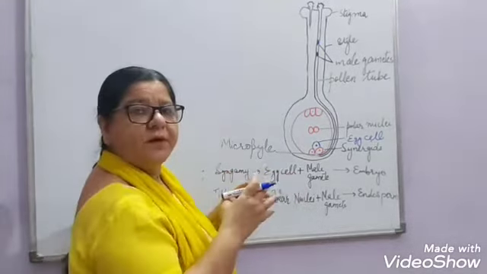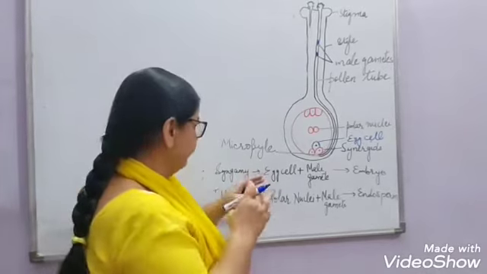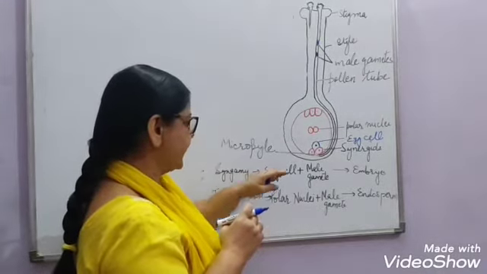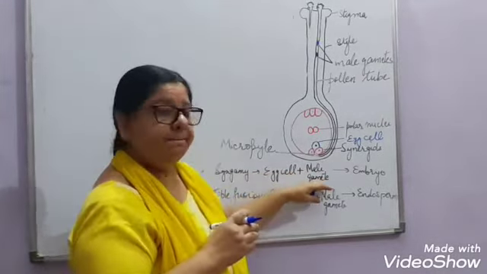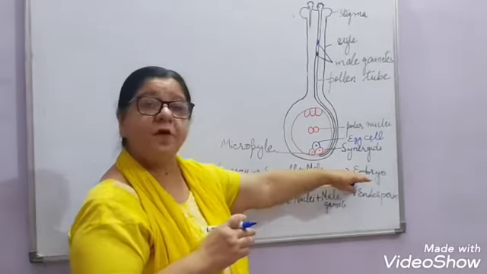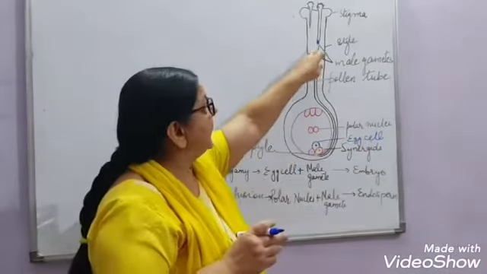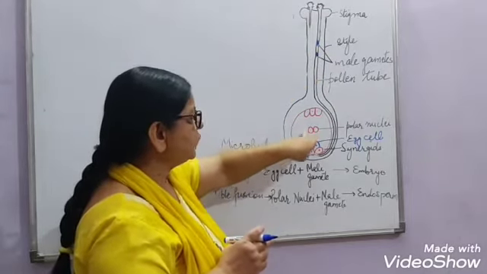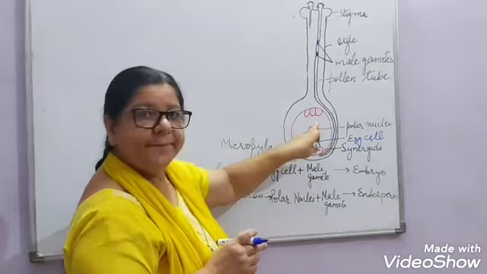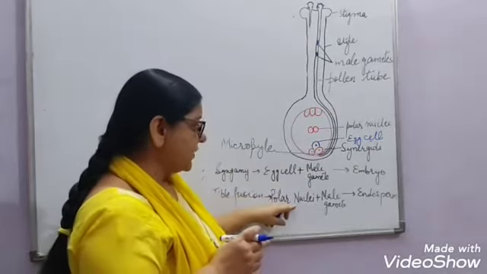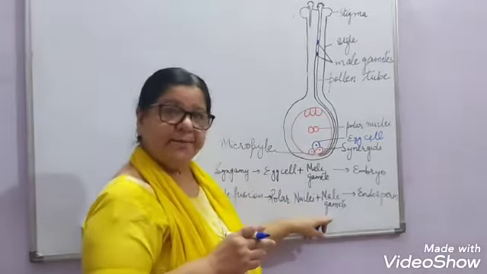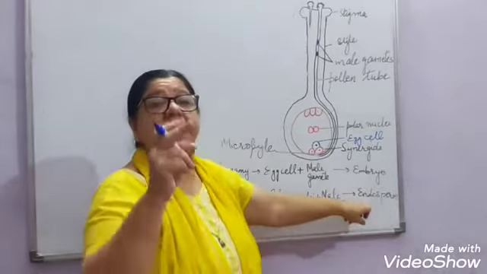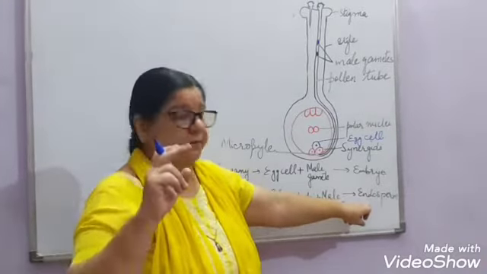The fusion of 2 gametes will take place, that is the egg cell plus the male gamete, and will form the embryo. The other male gamete will fuse with these 2 polar nuclei. So polar nuclei plus the male gamete will form the endosperm, right?